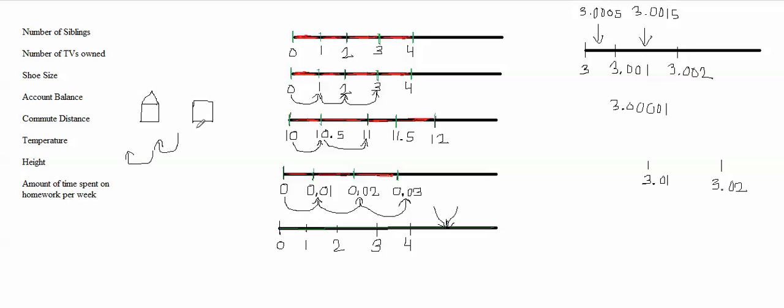What about temperature? When the temperature increases, it doesn't increase in steps like it does here or here. The temperature just sort of continuously gets to be hotter and hotter as the temperature increases, and it gets to be colder and colder as the temperature falls.